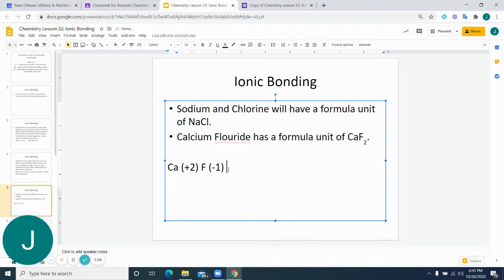What we need is do we need more calciums or more fluorines? We need more fluorines. So if you do another fluorine, it's -1. Does -1 and -1, what does that add up to? That adds up to -2. And does -2 counteract +2? Yes, so it's balanced. But in order to balance that, how many did we need? We needed 1 calcium and we needed 2 fluorines. So it's CaF2.